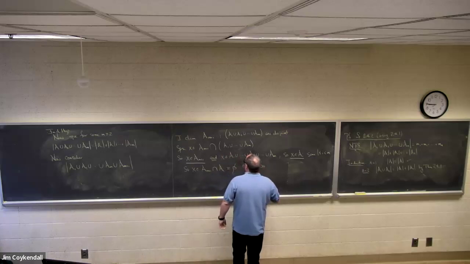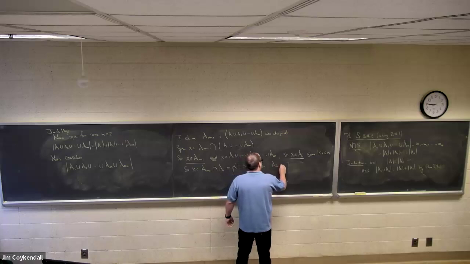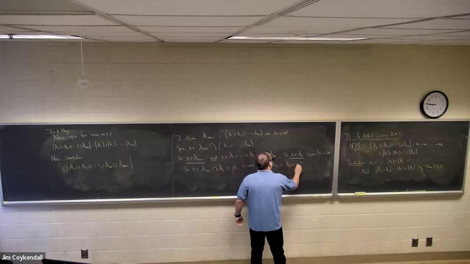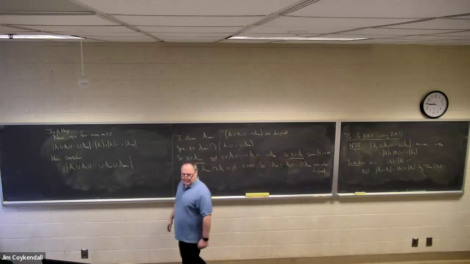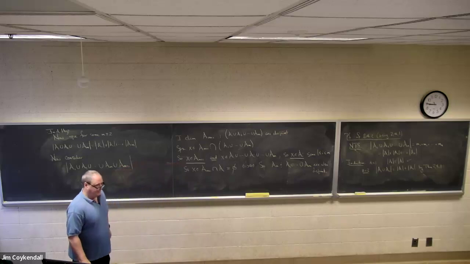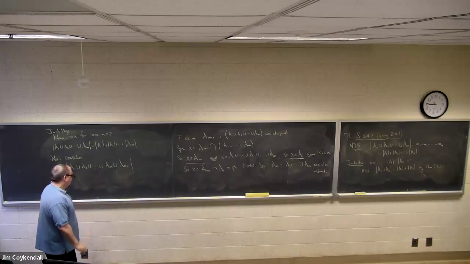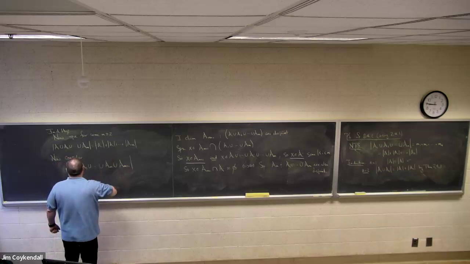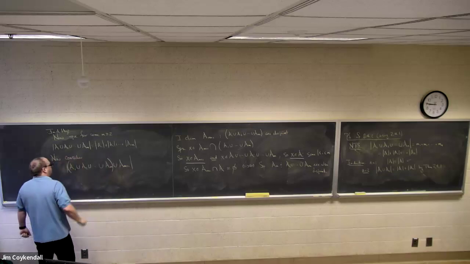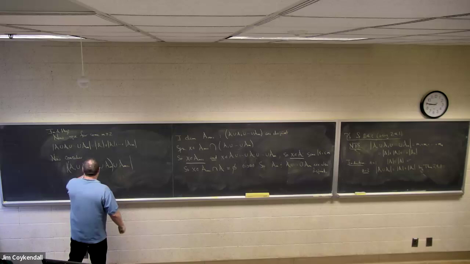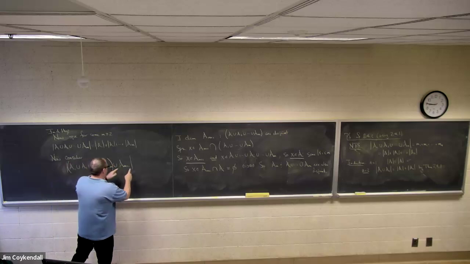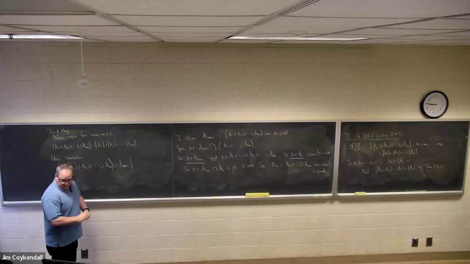So A_{m+1} and the union of A1 through Am are also disjoint. Pray tell, how does that help? Let's call this set B, right? This and this are disjoint sets.